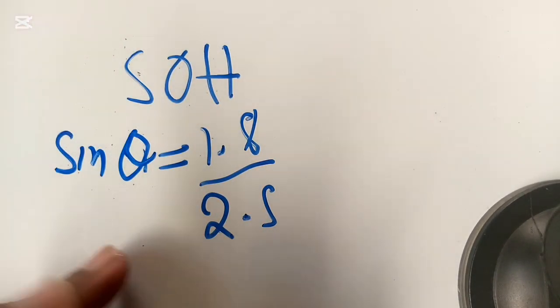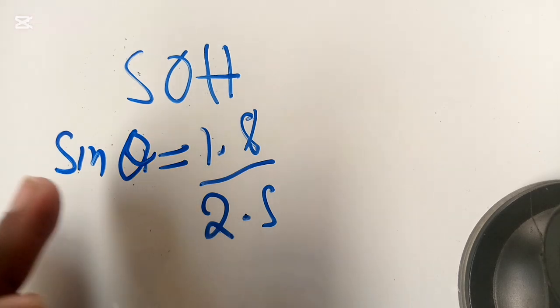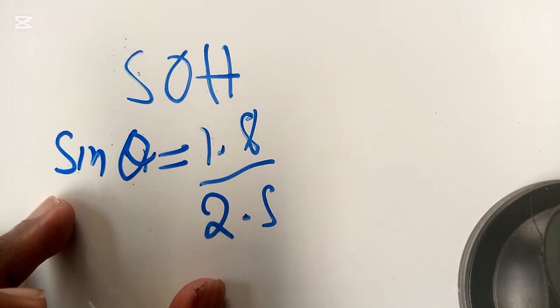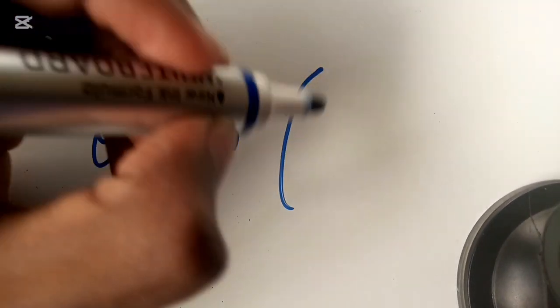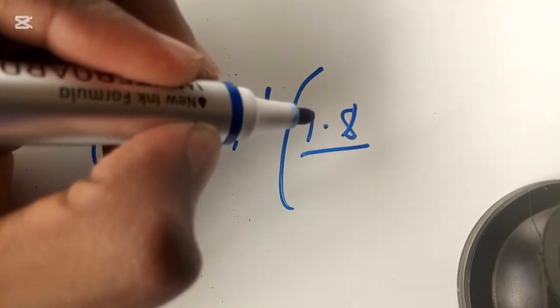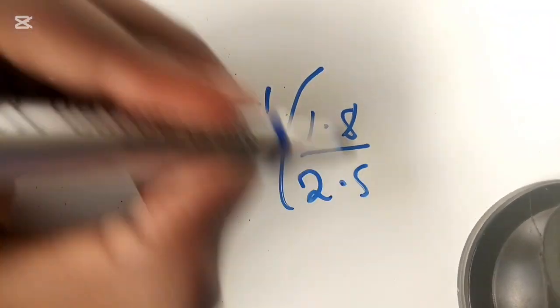We want to find theta, right? So now this sine is going to be inversed. So theta is equal to sine inverse of our value, which was 1.8, the opposite, over 2.5, the hypotenuse.